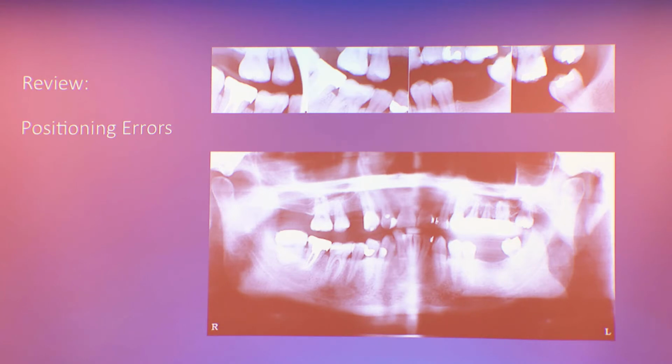So the head was rotated, chin was up, and we have ghosting of this metal, this metal and the metal in the chamber of the root canal treated tooth that is shifted up and superimposed with the crowns on the maxillary left. So the errors here were all related to patient positioning, and it created this non-diagnostic pan. So the patient was exposed for nothing, really. We had to retake it.